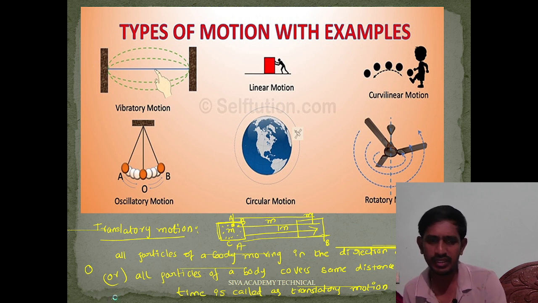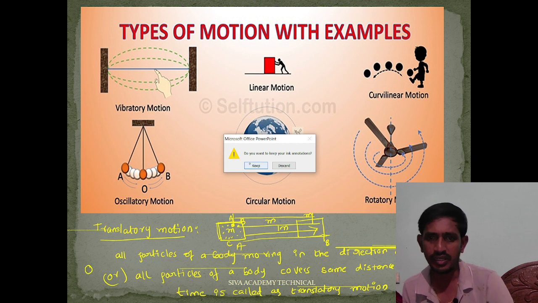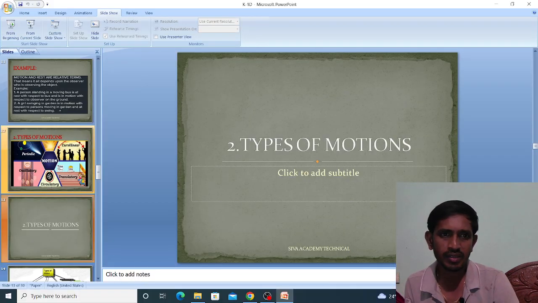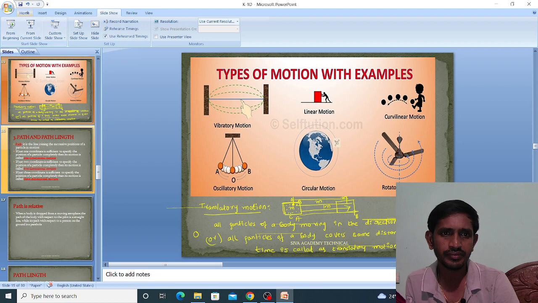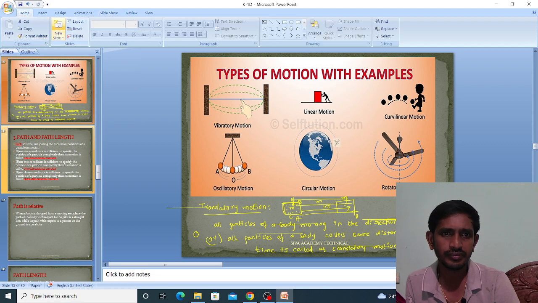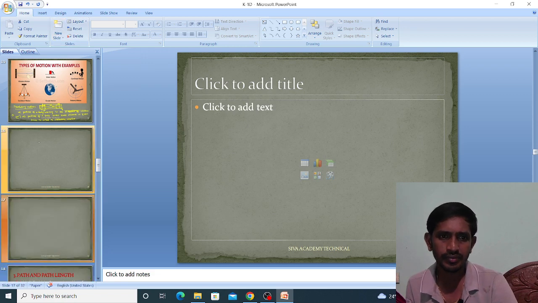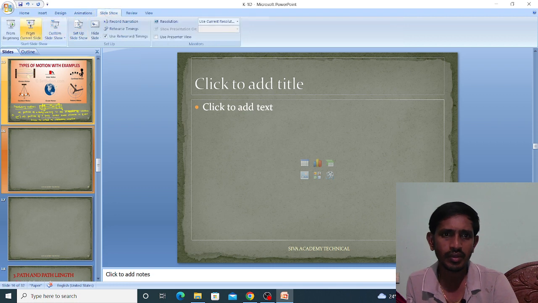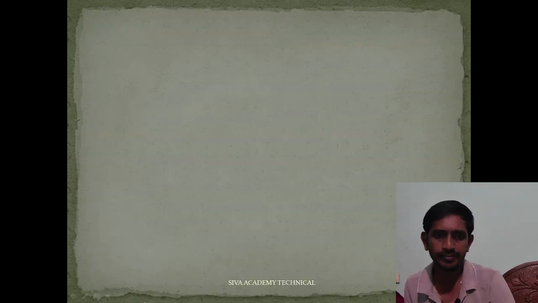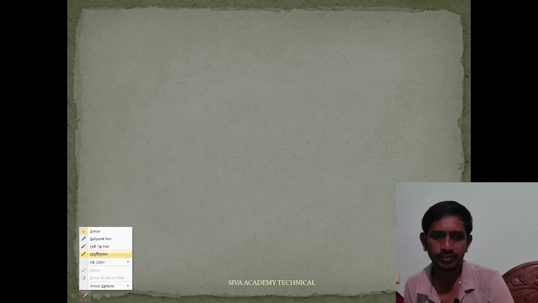Simply, I take one more slide here so that it is easy to understand. To understand translatory motion, I take again a block of mass m.